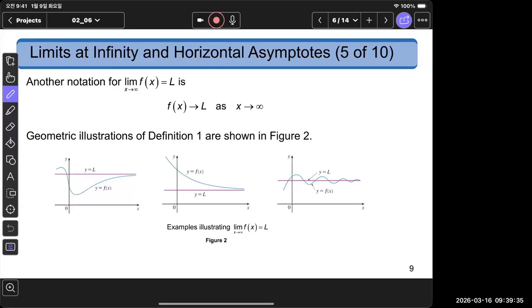As x approaches infinity, that means x just goes to the right.